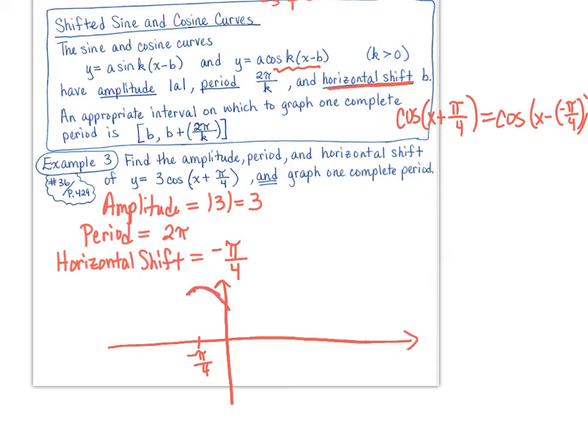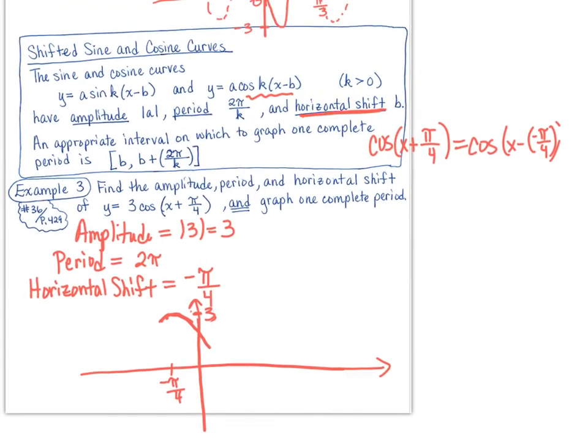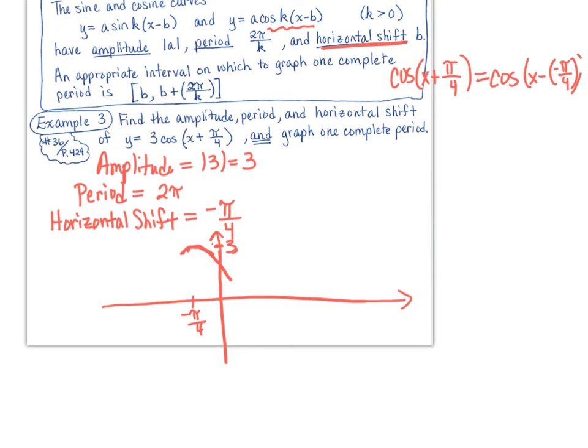And then you go down. So that point would be 3 here. Actually, make it look like it corresponds. And then we continue.